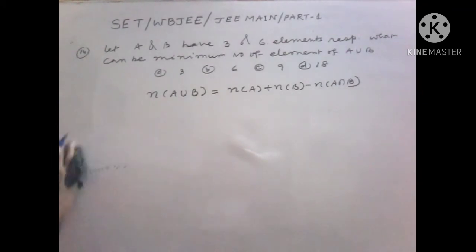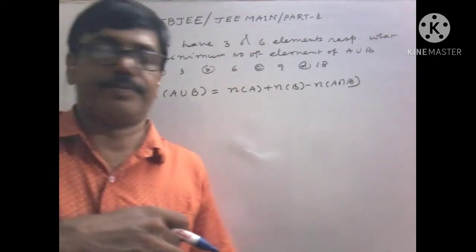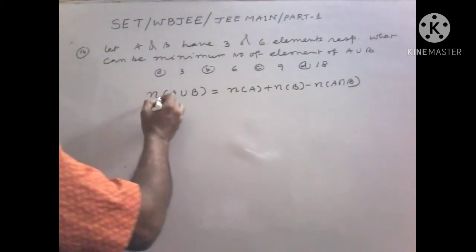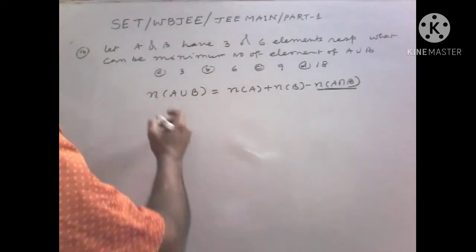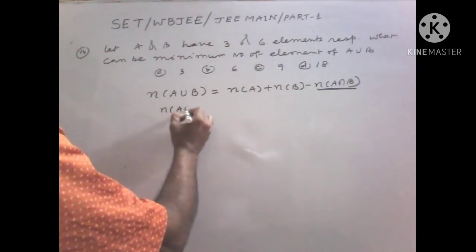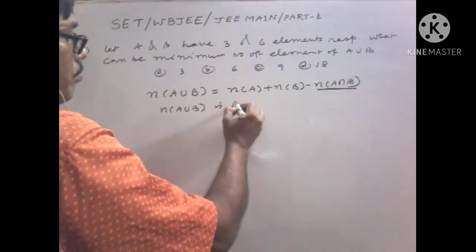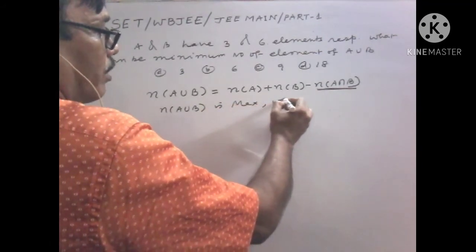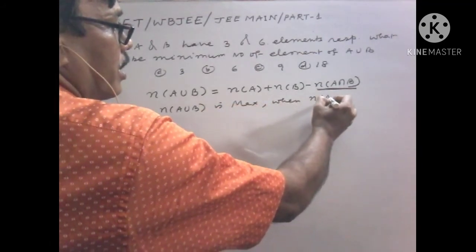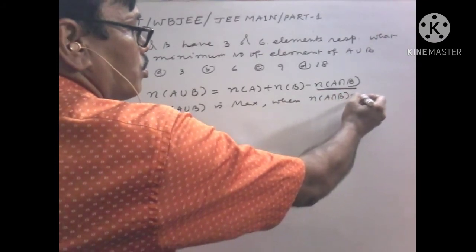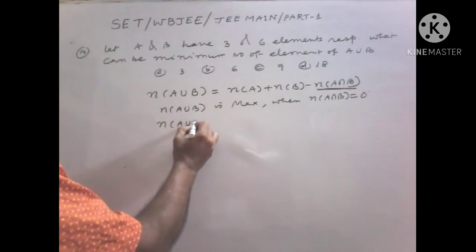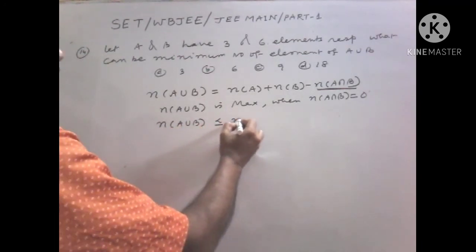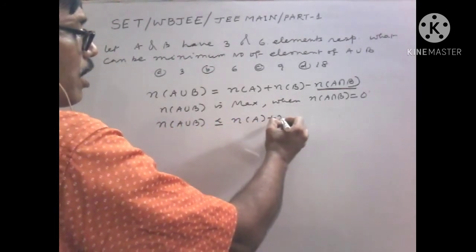Now we can find the maximum and minimum value of n(A union B). So n(A union B) is maximum when n(A intersection B) equals 0. So n(A union B) is less than or equal to n(A) plus n(B).